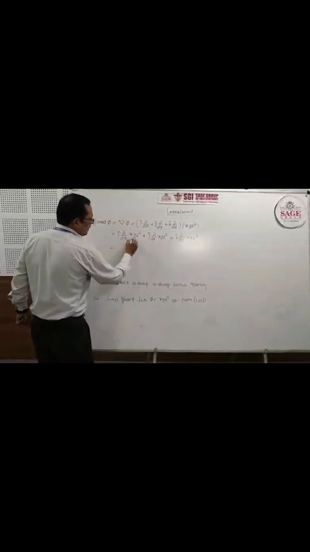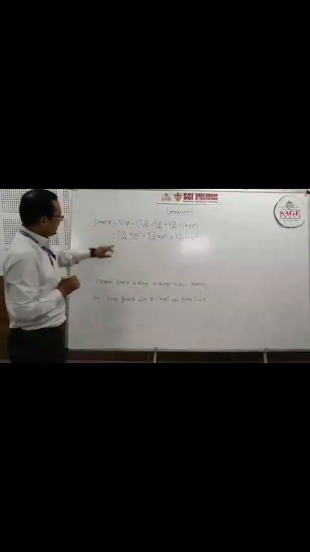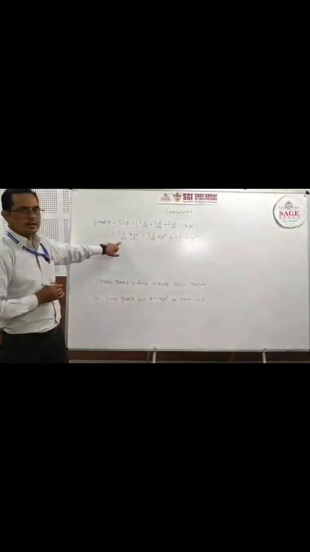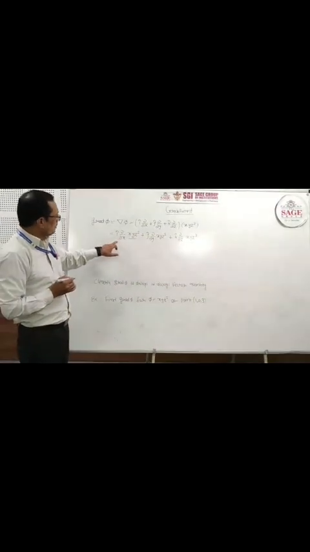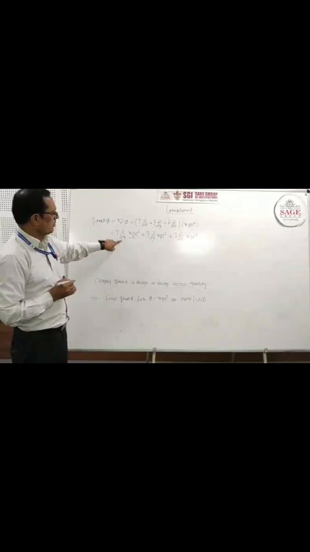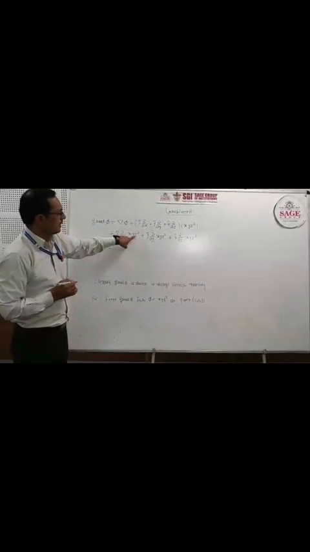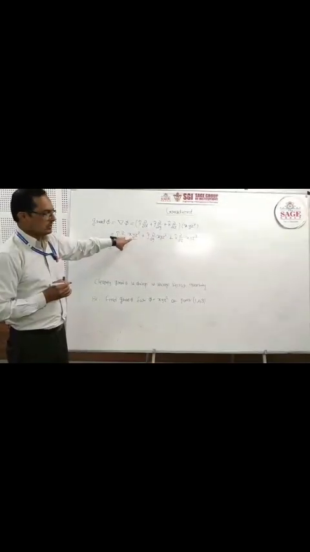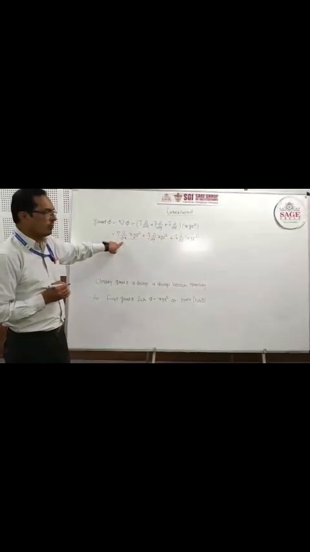Now first we differentiate x y z square with respect to x, and this is the partial derivative. When we partially differentiate x y z square with respect to x, then y z square is treated as a constant, only the variable x is differentiated.